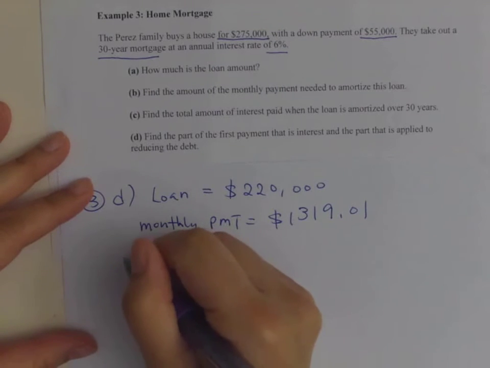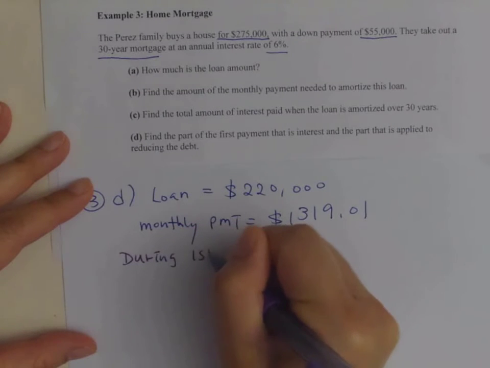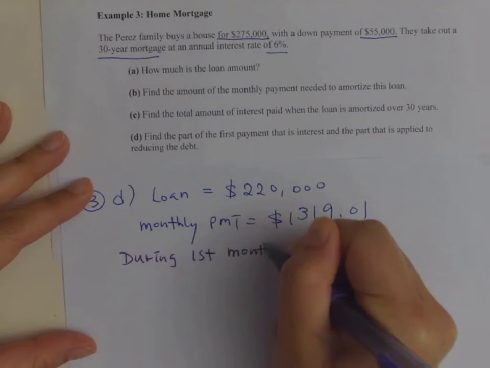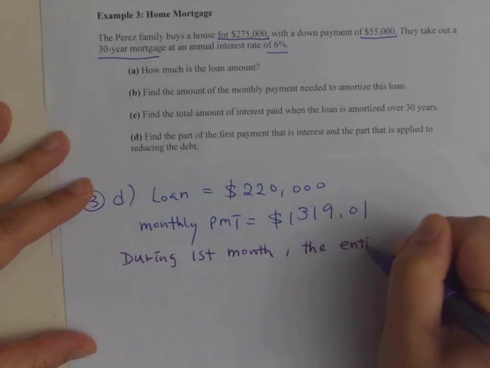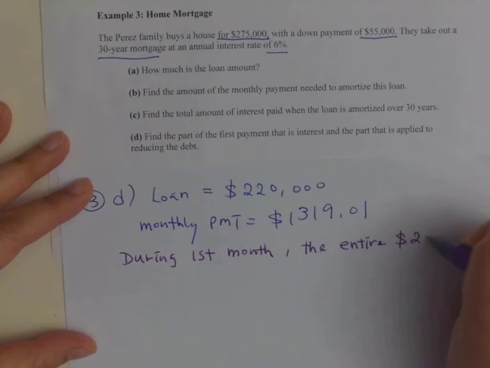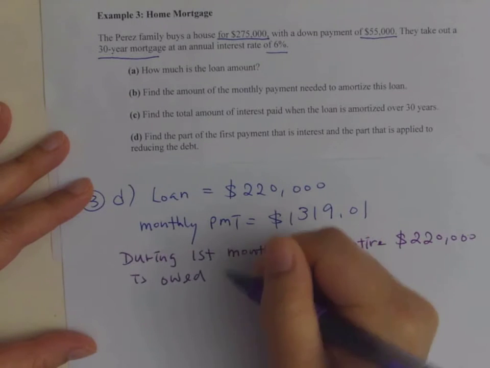So I'm going to say during the first month, the entire $220,000 is owed by you.